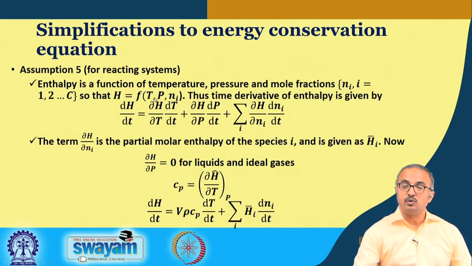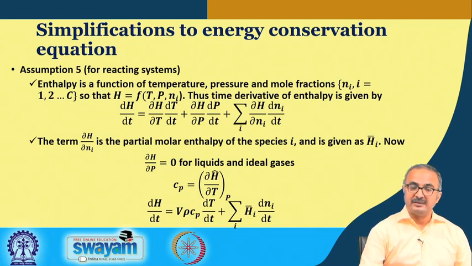Next, dou H by dou T: we know that dH equal to Cp dT. So, in that case we can write dou H by dou T as equal to the specific heat. So, with these kinds of simplifications, now we can go back to the original equation. We can now see that dH by dt is equal to V rho Cp into dT by dt plus all these things.